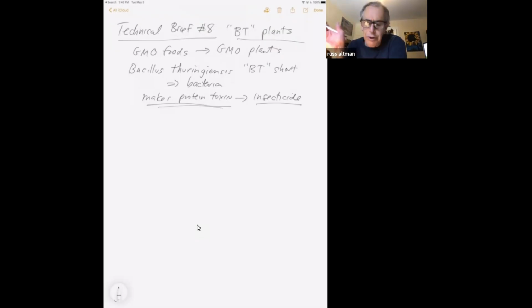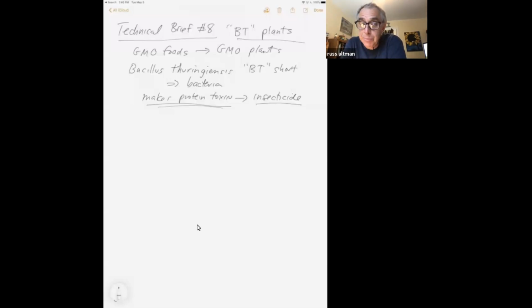Something, you know how evolution is. These organisms do all kinds of things to one another in order to reproduce successfully. It's interesting because this protein, it's a small protein that's a toxin to insects. So in that sense, it's kind of natural.